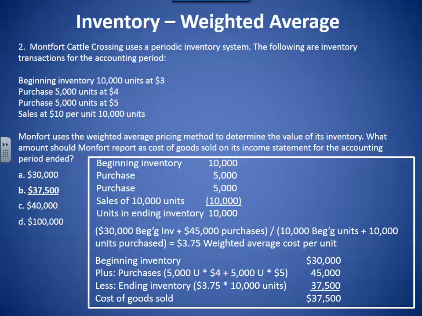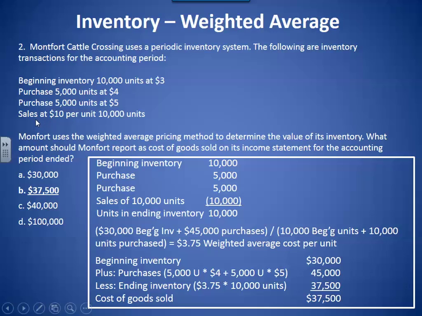During the accounting period, we purchased 5,000 units at $4 each and 5,000 units at $5 each. When we take a look at our units, we don't care what dollar amounts they are, we just want to add our units. So to our beginning inventory, we add our 2 purchases. That would be the 10,000 units.